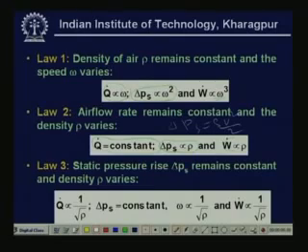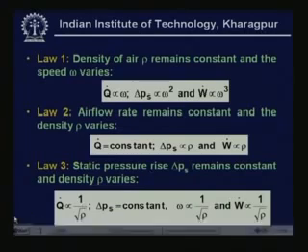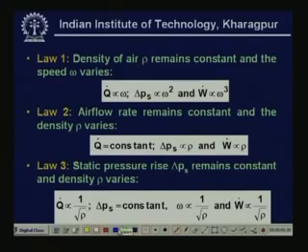The third law is valid under these conditions where the static pressure rise, delta Ps, remains constant and density varies. So, when static pressure rise remains constant and density varies, you find that the air flow rate Q dot is proportional to 1 by square root of density.